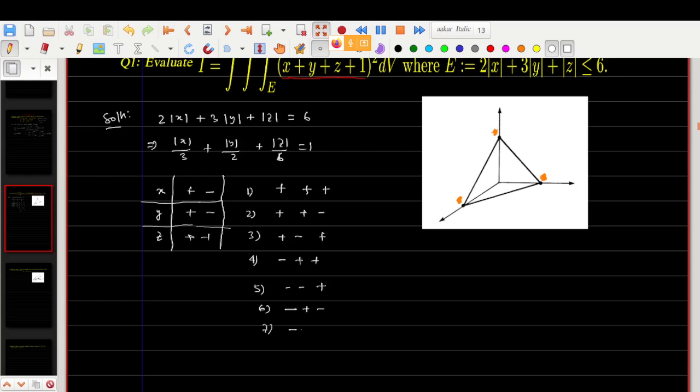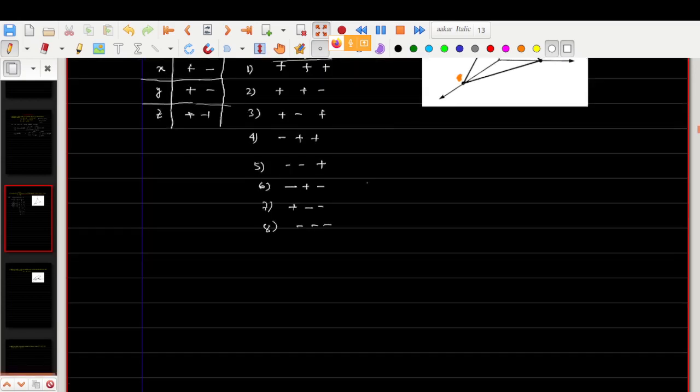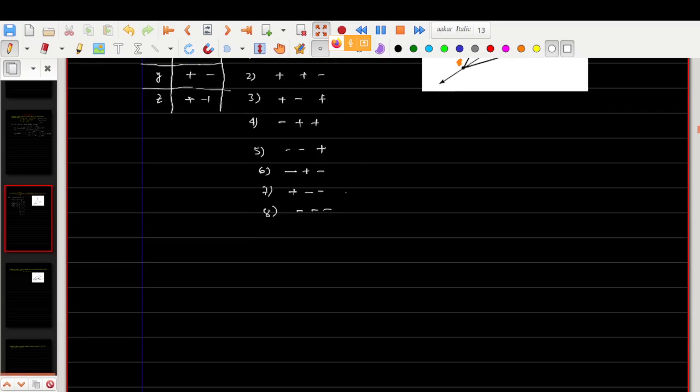Seventh one is plus minus minus, and eighth one is minus minus minus, where this one is for x, this one for y, this one for z. So you will get 8 equations from here, and these 8 equations will lie in 8 different coordinates.